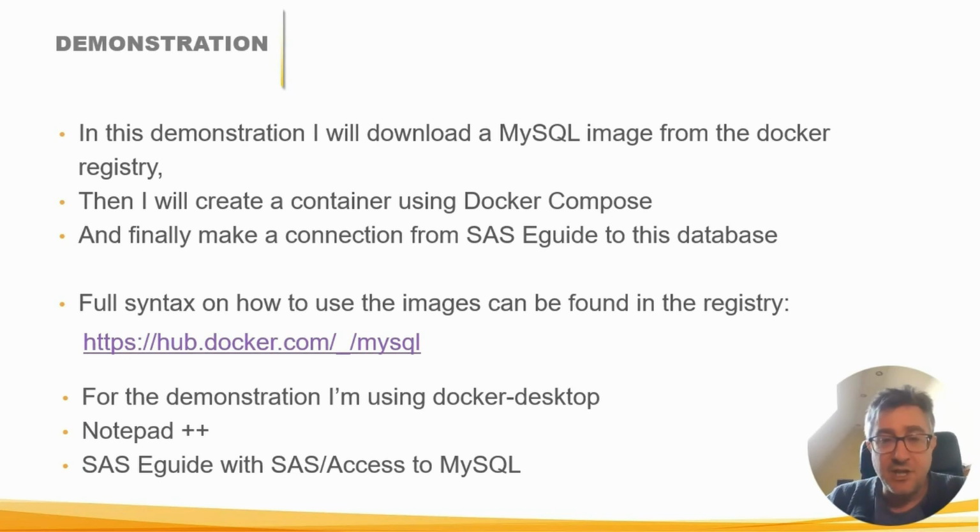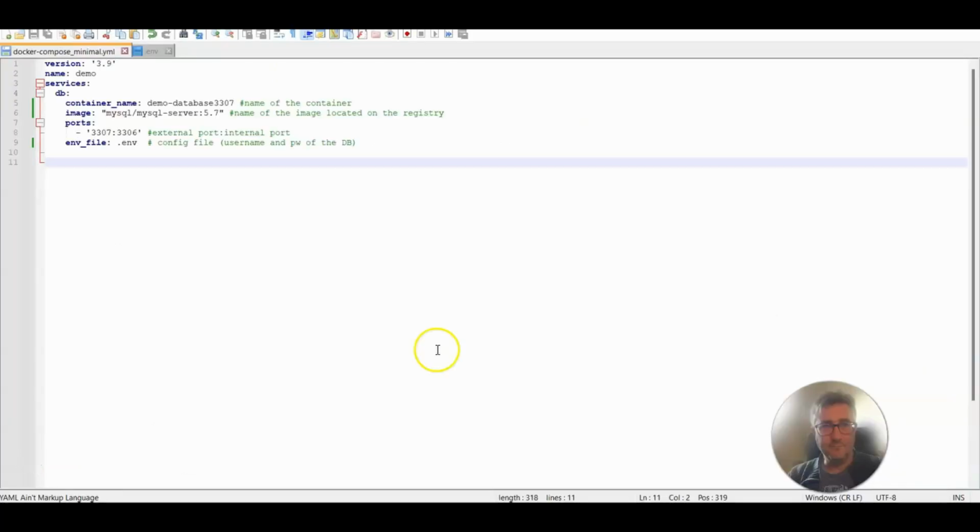For the demonstration, I already installed Docker Desktop. Docker Desktop is interesting because it gives you a user interface and it also gives you the CLI to enter the command line. Then I'm using Notepad++ to code, and from EG, I'm using SAS/ACCESS to MySQL.